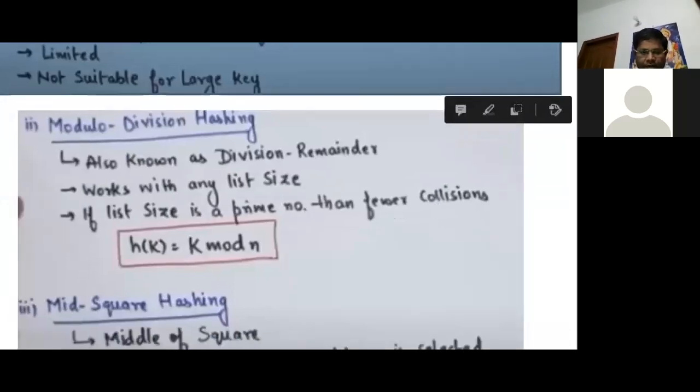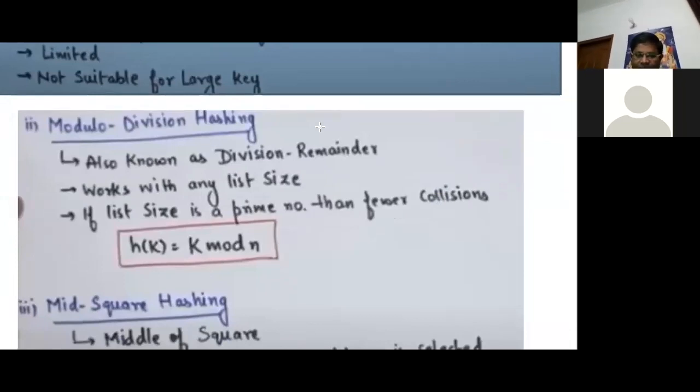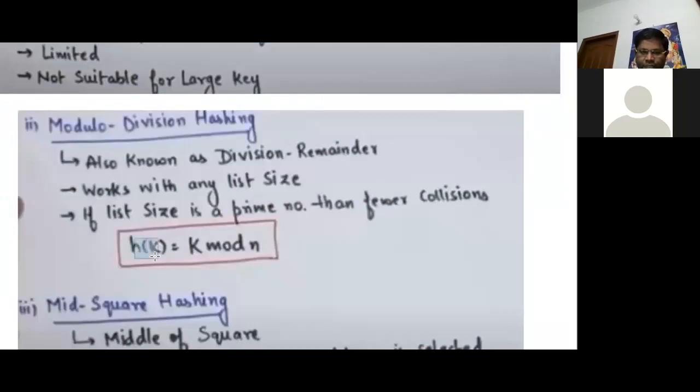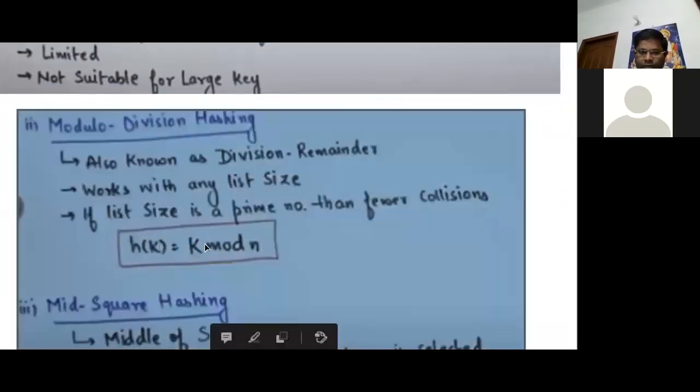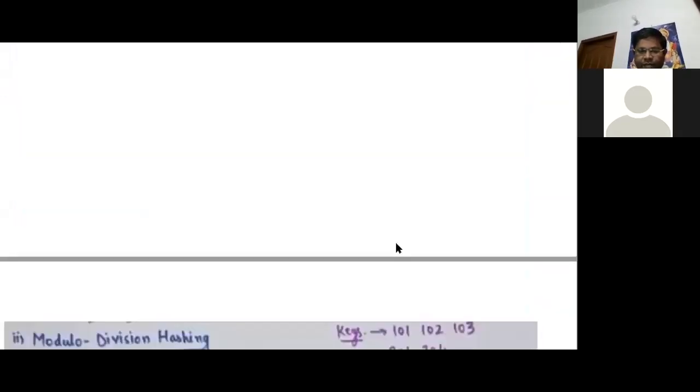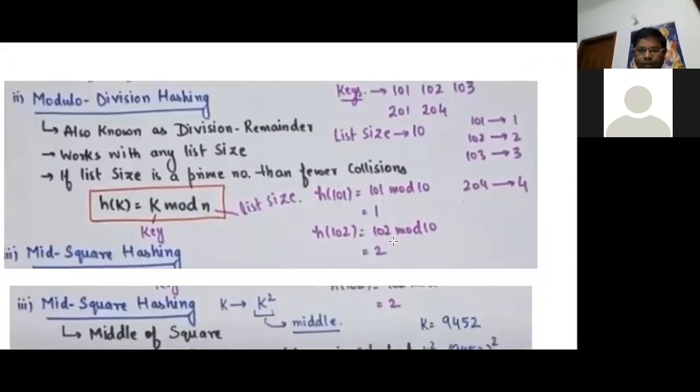The second type of hashing is modulo division hashing. In this type of hashing, a modulo operator is used, and the hash key is calculated by the hash function hk using the formula k modulo n, where n is the list size and k is the given key.